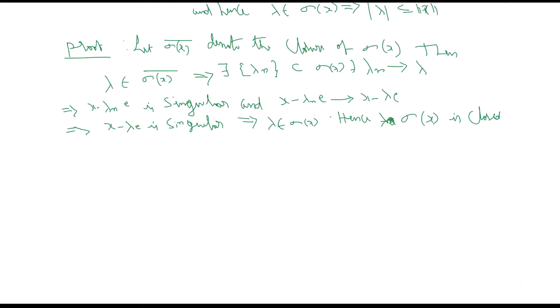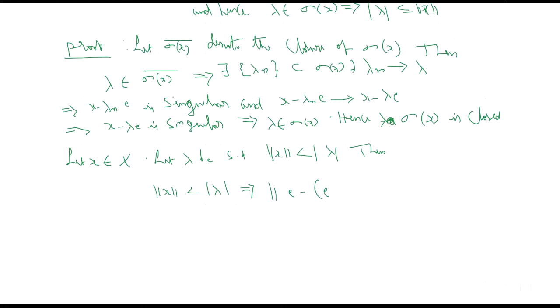Let x belong to capital X. Let lambda be such that norm x is less than lambda. Then norm x by lambda is less than 1.